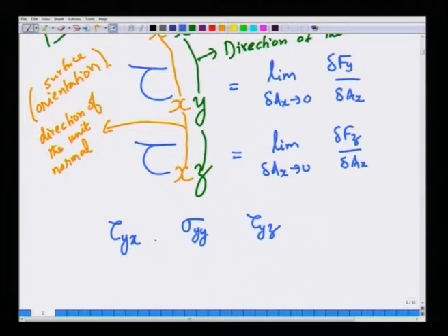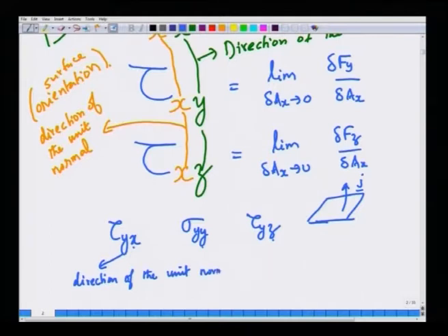Here you consider a face whose unit normal is in the j direction, and you are considering the forces in the x, y and z directions. So, the first subscript denotes the direction of the unit outward normal, and the second subscript tells you the direction of the force.